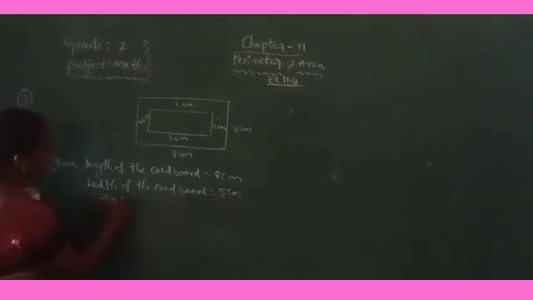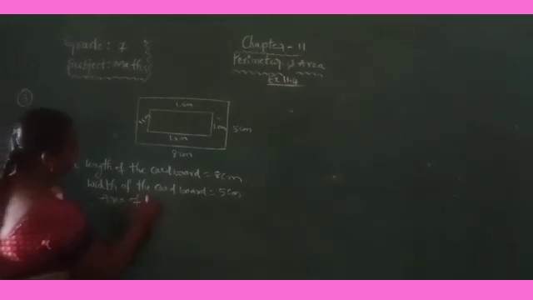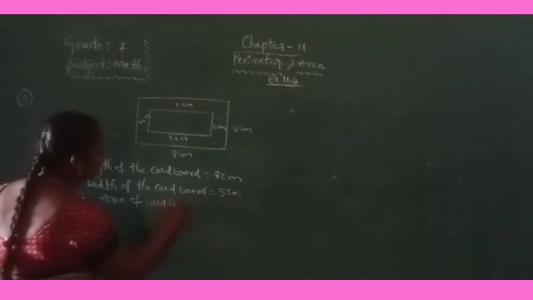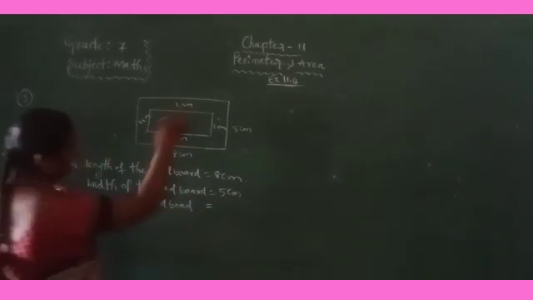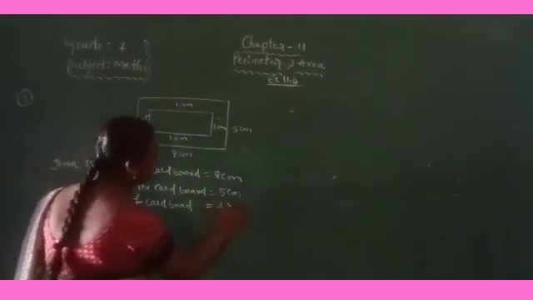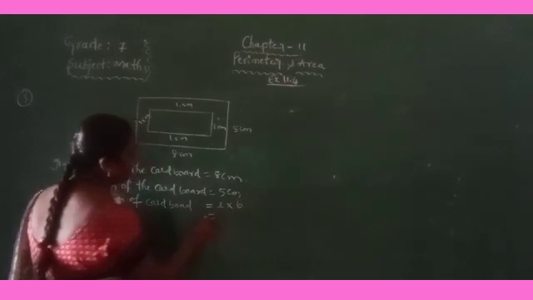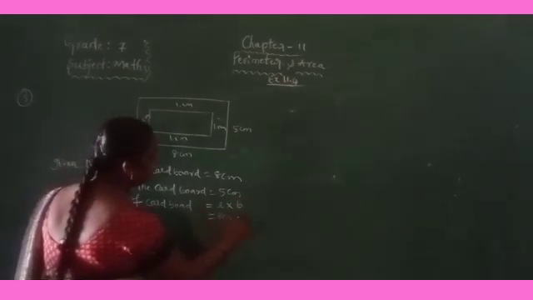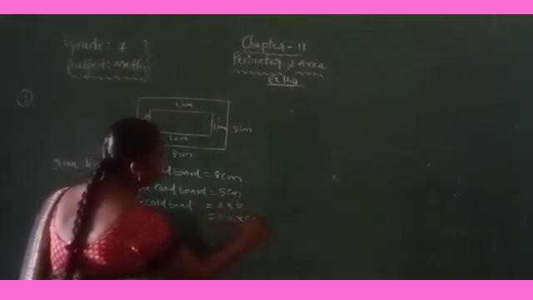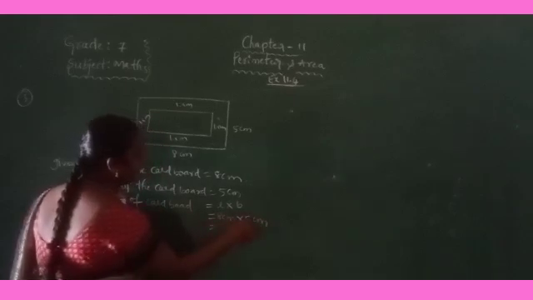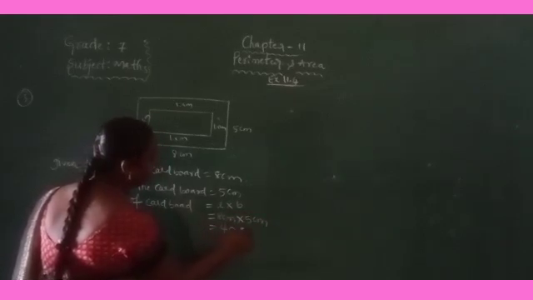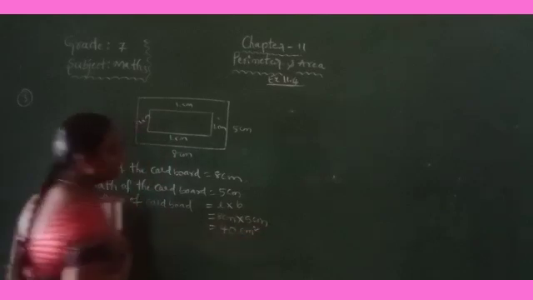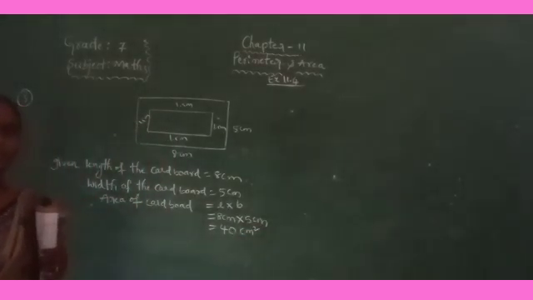Now find the area of the cardboard. The cardboard is a rectangle, okay? Area of rectangle is length into breadth. Length is 8 centimeters and width is 5 centimeters. Then multiply 8 into 5. 8 fives are 40 centimeter square. That is the area of the cardboard.